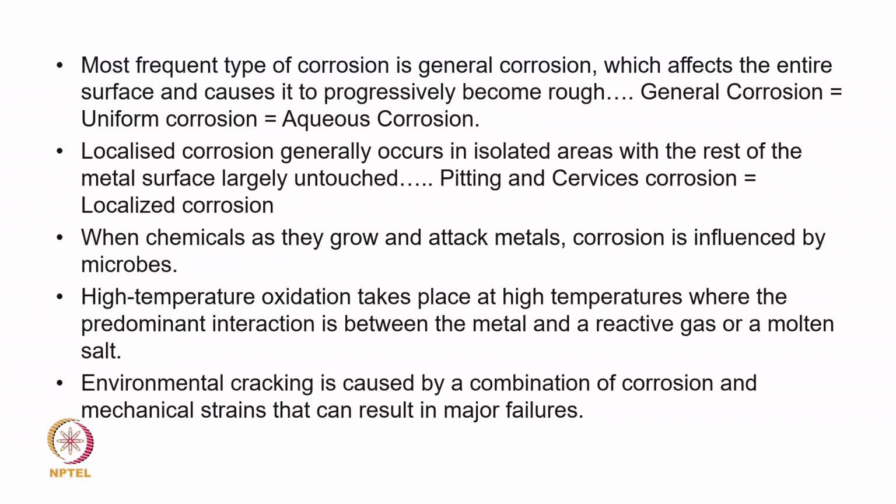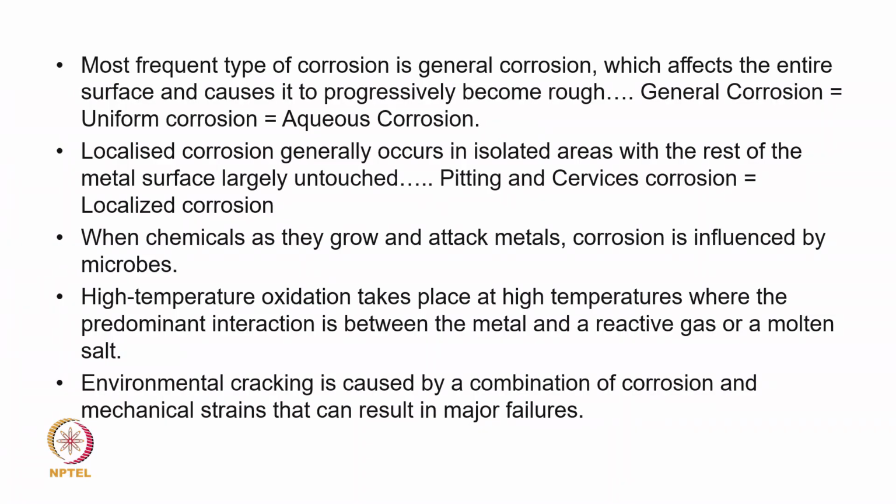Next one, as I mentioned, high temperature oxidation takes place at high temperature, where the predominant interaction is between the metal and reactive gas or molten salts, but this is not going to make another class of corrosion. Whatever we cover in the different classes, everywhere high temperature is going to enhance the rate.